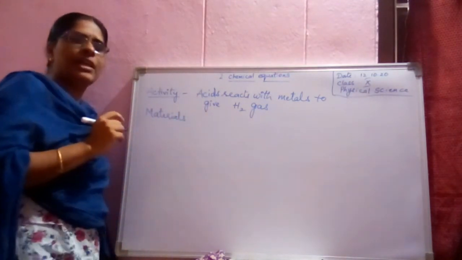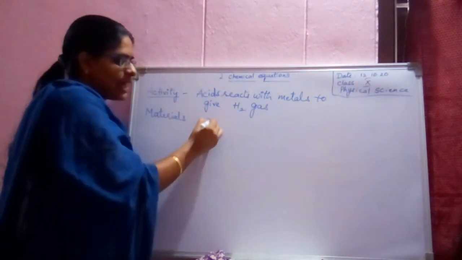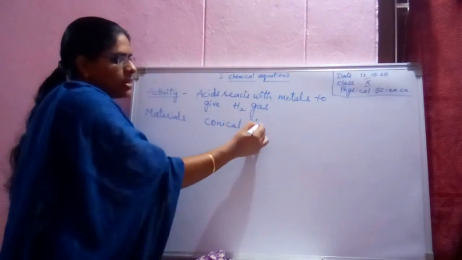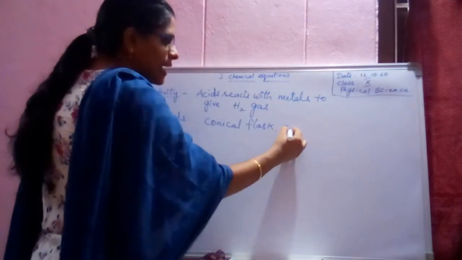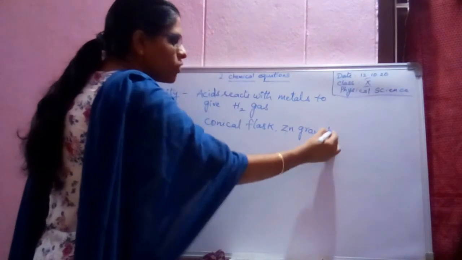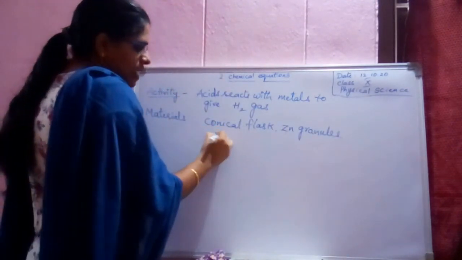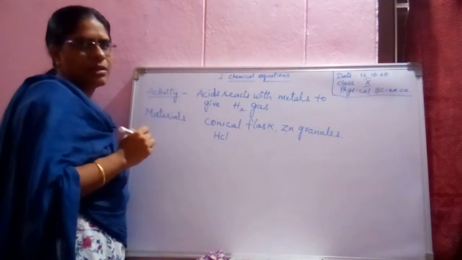Now for this, the materials required are a conical flask. You have seen it in the lab. A conical flask is required. Zinc granules, meaning small pieces of zinc. Next, HCl. What do you mean by HCl?